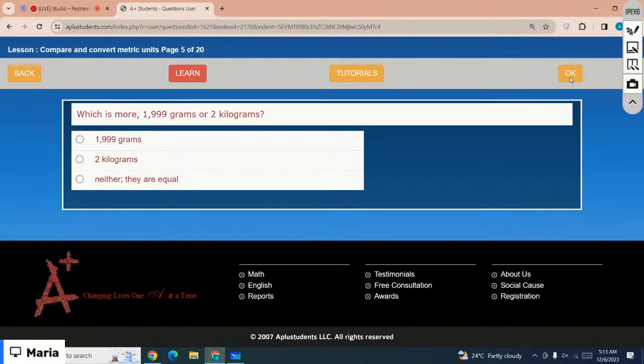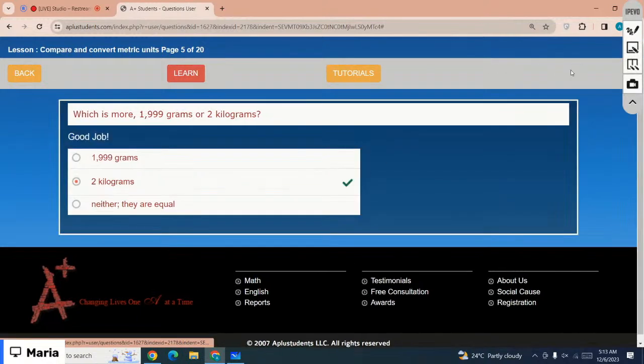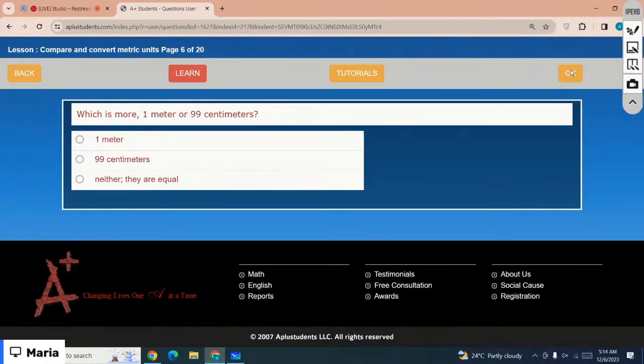Yes, 2 kilograms, because when you convert from kilograms to grams, in 1 kilogram you have 1000 grams. So 2 times 1000 is 2000. So obviously 2 kilograms is more than 1999 grams. Which is more, 1 meter or 99 centimeters? Which is the correct option?